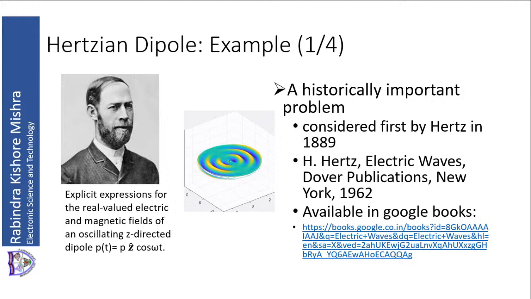Originally it was written in German because Hertz was a German scientist, but the English translation is available under Google Books at this website, so you can go to it. Now let us consider the example, similar to the example that we considered earlier.